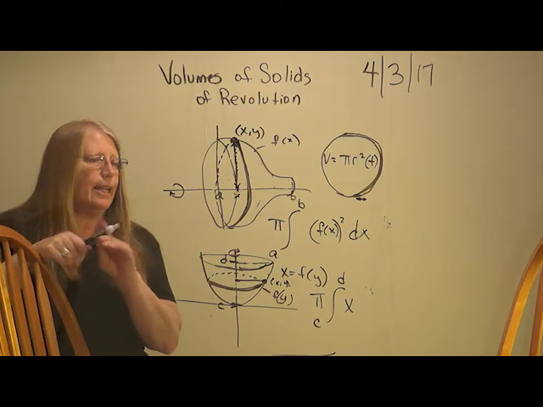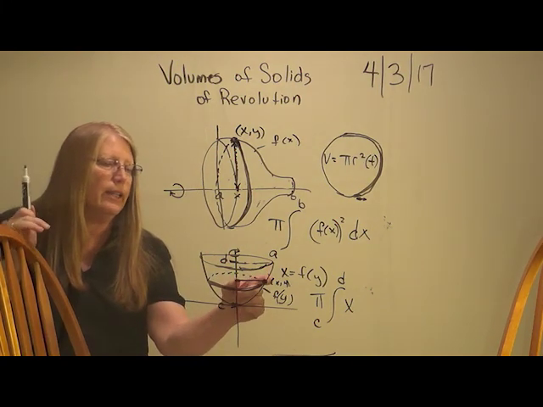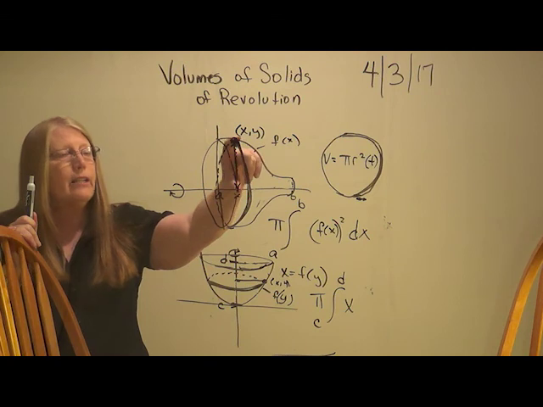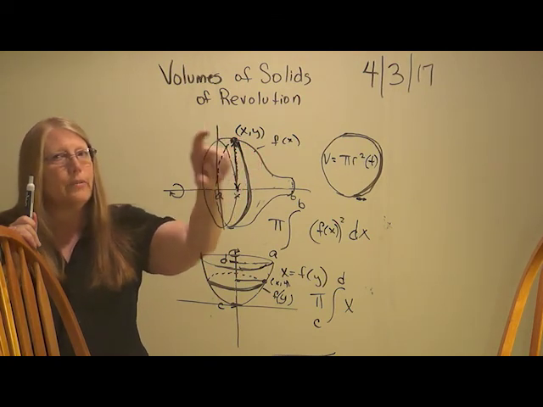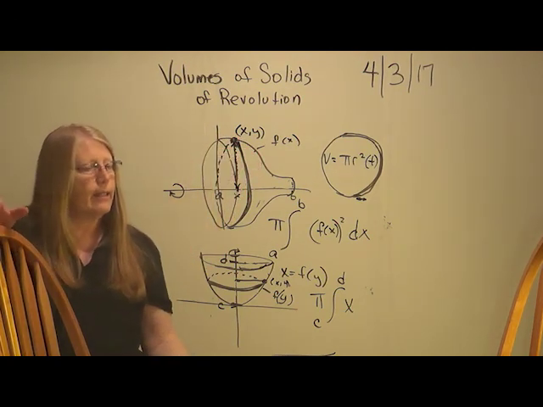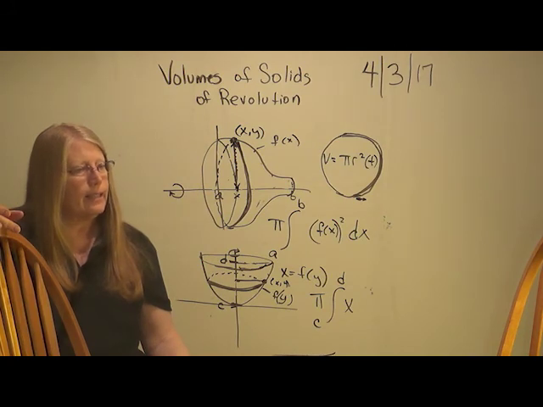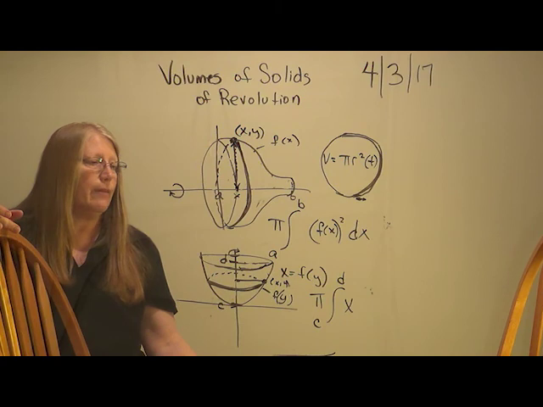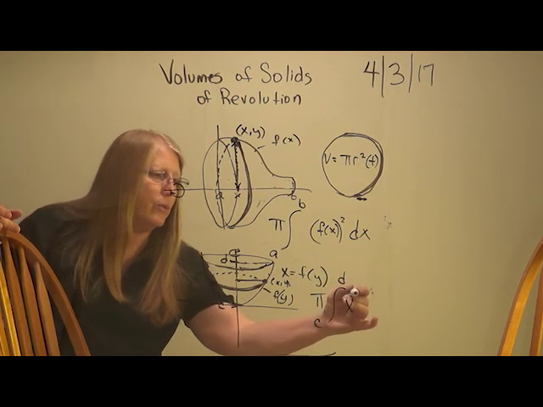You can tell it's x by looking at its length. Where would you read it? You would read the length on the x-axis. Here the radius was read on the y-axis. So I'm just going to call it x, and I may also call it f of y. I have my choice, but that radius is squared.